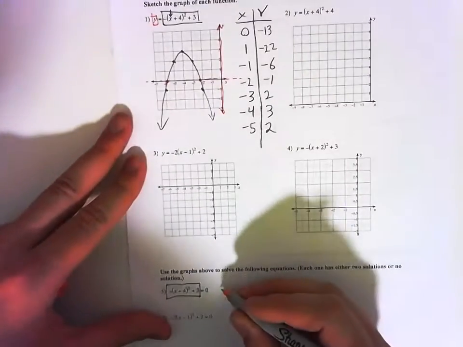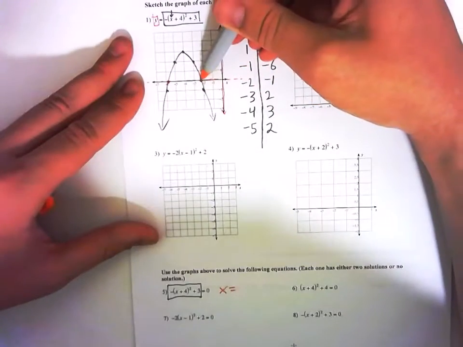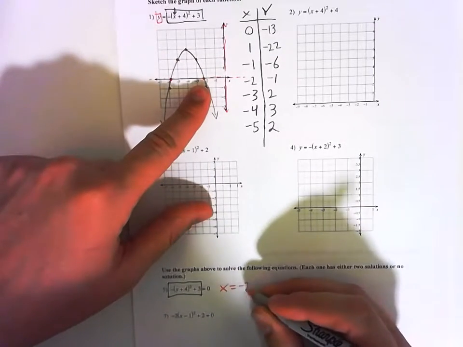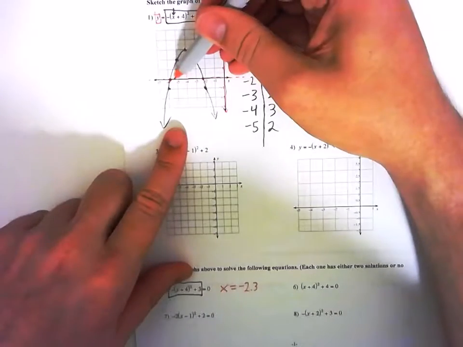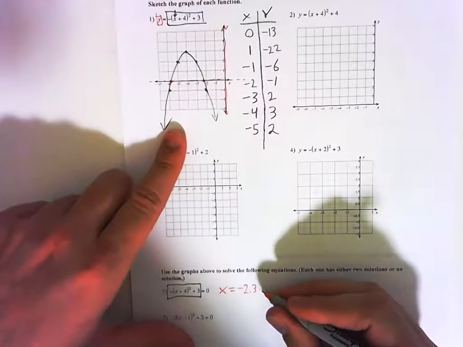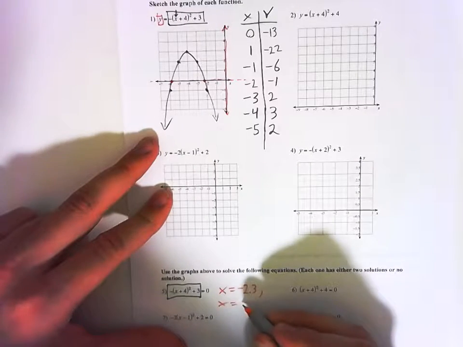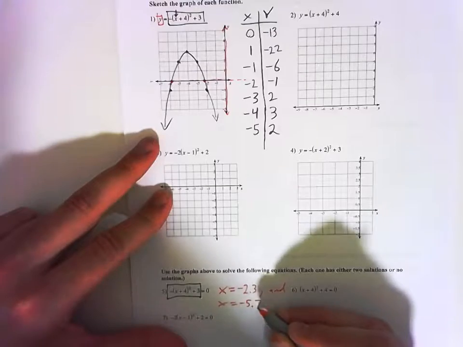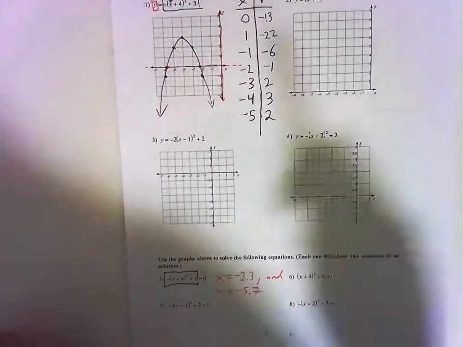So the solution is x equals negative 2.3, you can estimate, and negative 5.7. And if you round it a little differently, that's okay.